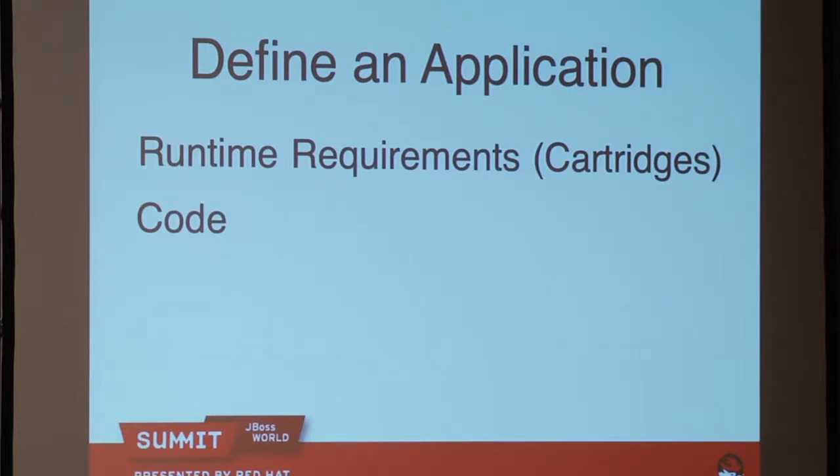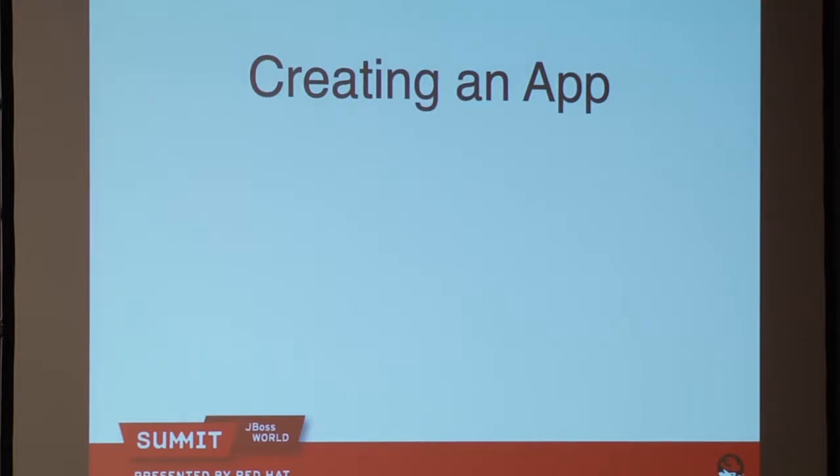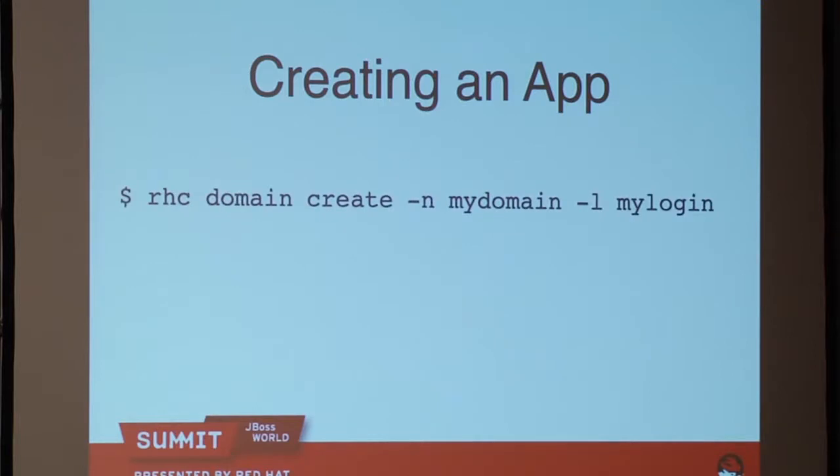Right. Creating an application then is also a very simple step. The first thing you would do is create a namespace. And this is basically providing a unique namespace under which all the applications are going to sit. It's a unique namespace per developer, so we make sure that applications' names don't conflict with each other, things like that. After you have a namespace, you would go about creating your application.